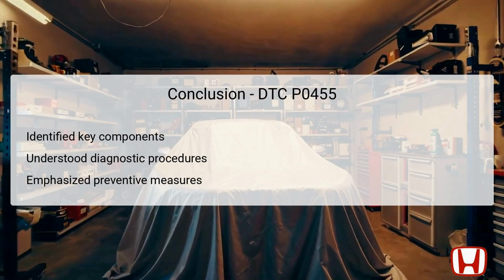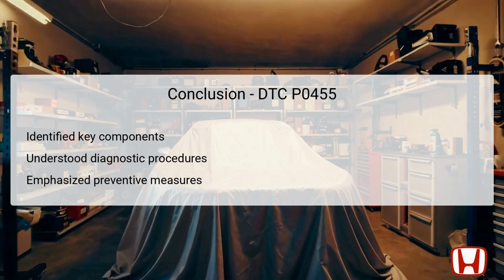Understanding the diagnostic procedures for effectively troubleshooting the P0455 code, including visual inspections, conducting smoke tests, and verifying repairs, ensures that the root cause of any issues is addressed promptly.